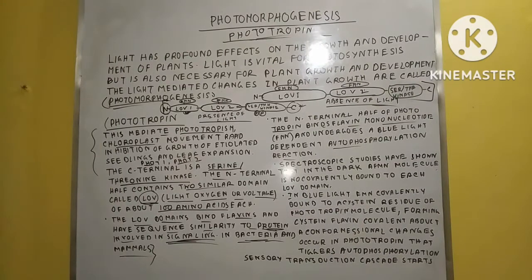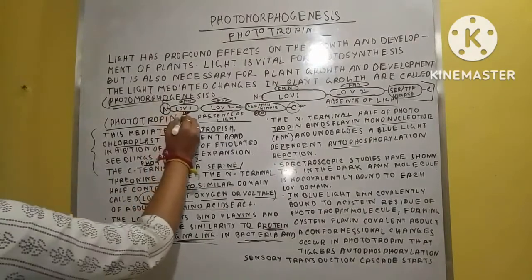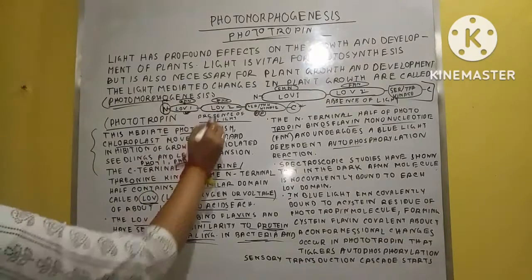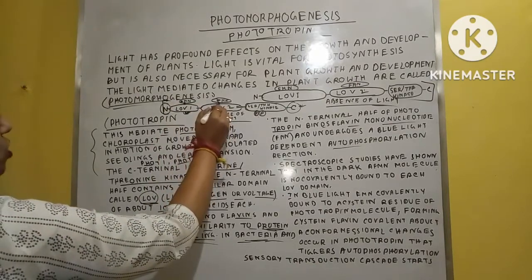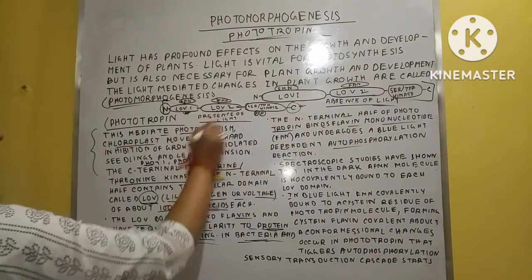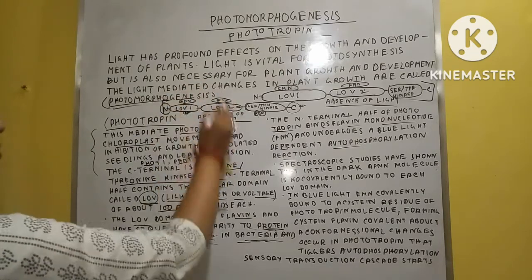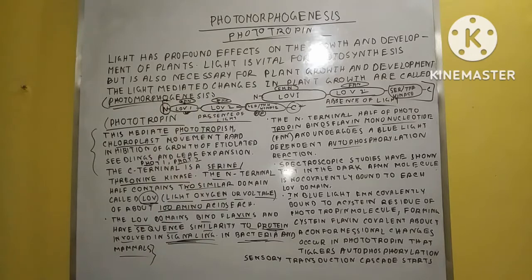When the light is present, the domain LOV1 forms a bond with the FMN and LOV2 also forms a bond with the FMN, and this bond formation helps in the activation of the phototropin.